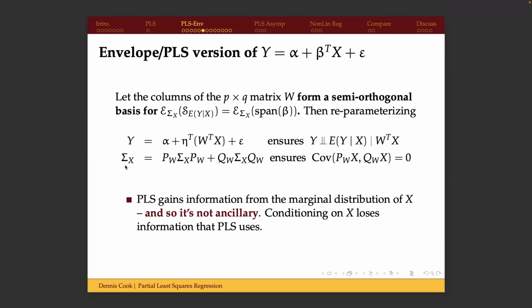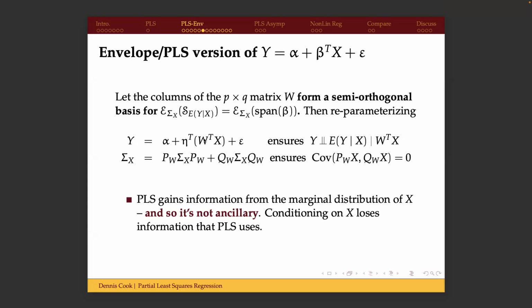Sorry, can I ask you something? I apologize, but why is linearity preserved? If you condition on W transpose x, why is the mean of x given W transpose x still linear? Well, because this model depends on x only through W transpose x. I see. If I condition on W transpose x, there's no way for the model to impact that. But why couldn't it be that the mean of y was a nonlinear function of W transpose x?